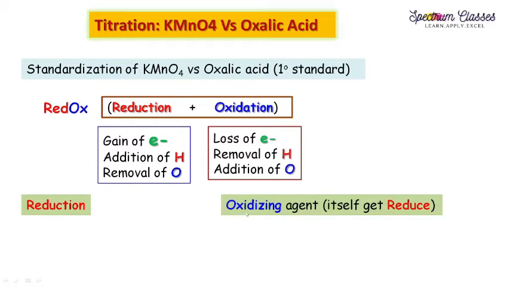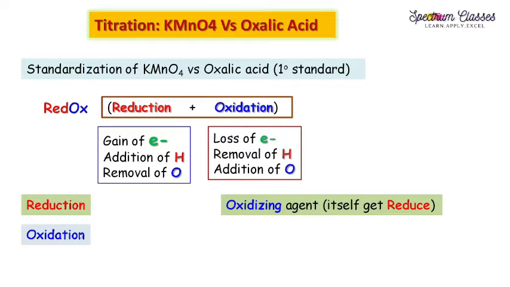Reduced means receives the electron. So from where does it receive the electron? From the other species. So in the presence of such species, the other species oxidizes. So the species which gets reduced itself works as an oxidizing agent.